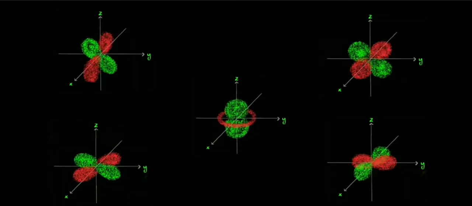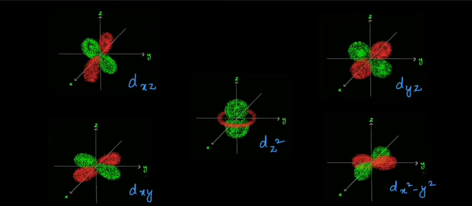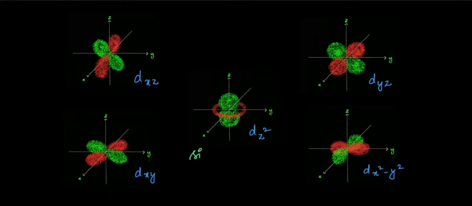Well, let's name them. This is dxz, dyz, dz square, dxy, and the last one being dx square minus y square. Well, dz square has a single dumbbell shape where the two lobes along z axis form a dumbbell, and the wave function along xy plane looks like a ring or a donut shape.